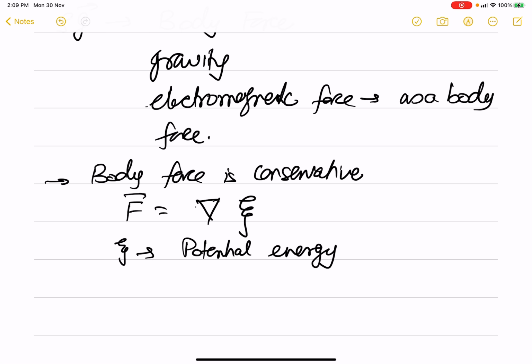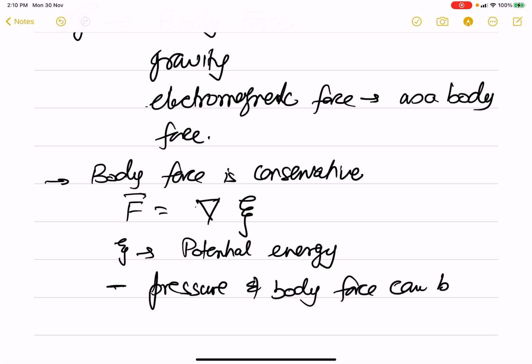And what we can do is, pressure and body force can be clubbed, because both have the same form.